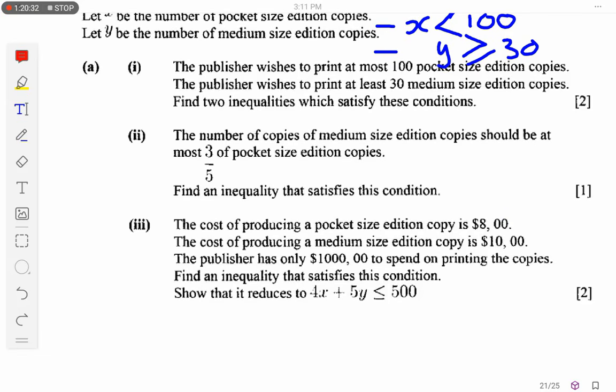The number of copies of medium size edition copies should be at most 3/5 of pocket size edition.